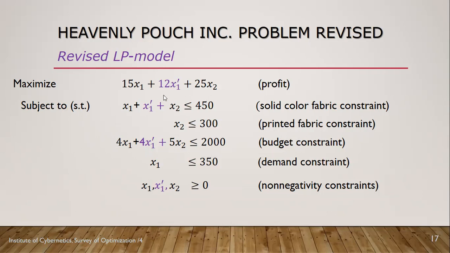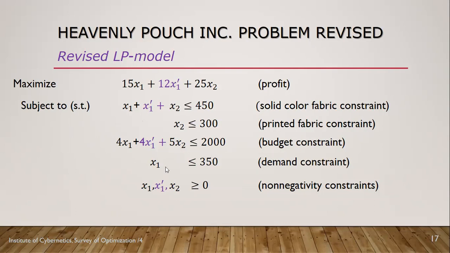So as the resources to manufacture this product and the processes to manufacture the product are exactly the same as required for producing X sub 1, we use the same coefficients for the newly introduced variable.